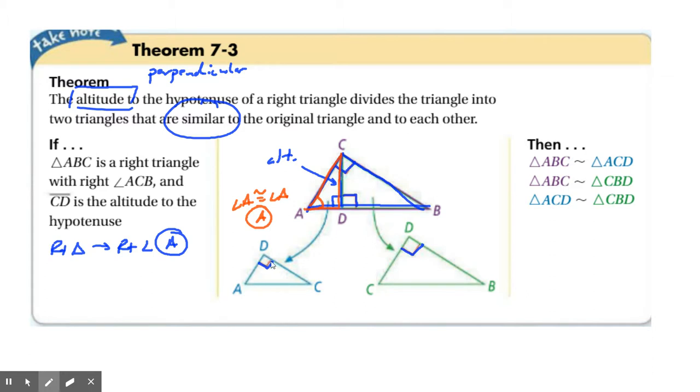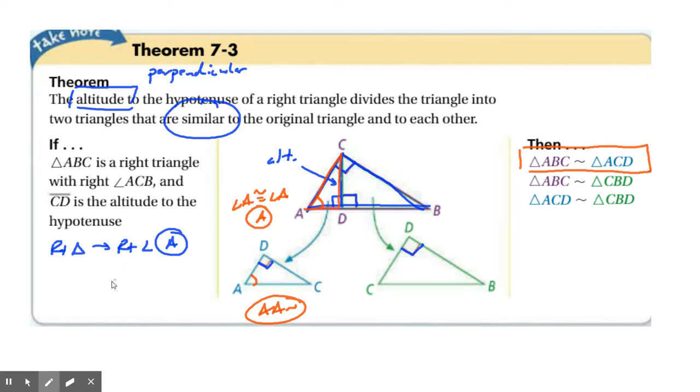So the big triangle and the small triangle are similar by angle-angle similarity. And again, there's your angle A. So we could create the statement: triangle ABC is similar to triangle ACD, right?